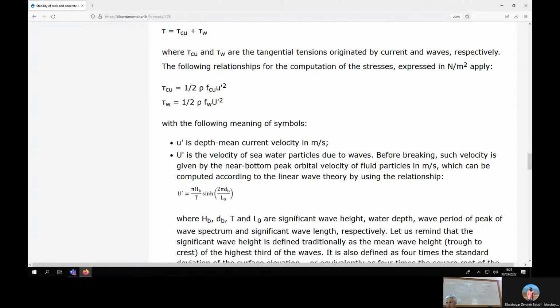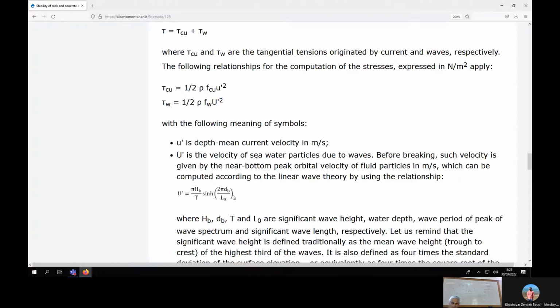And here, in fact, if we look at this second relationship, U prime is the velocity of seawater particles due to waves. And we know that before breaking, such velocity is given by the near-bottom peak orbital velocity, which can be computed by using this relationship here.